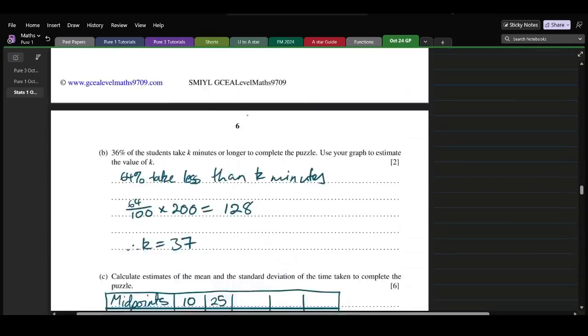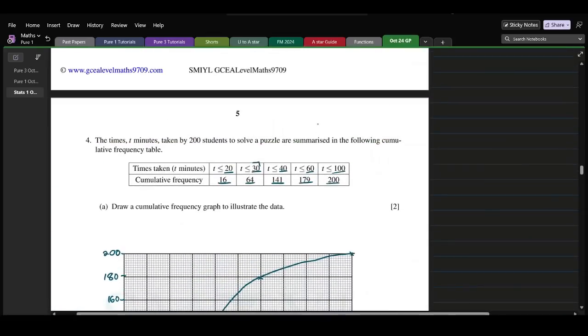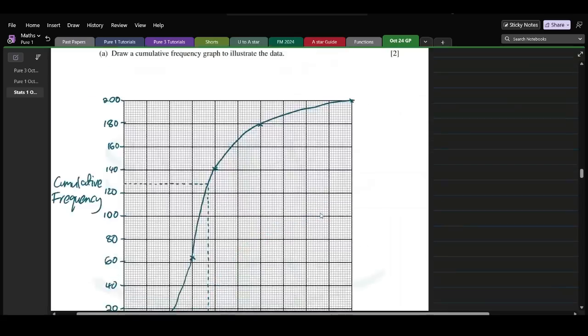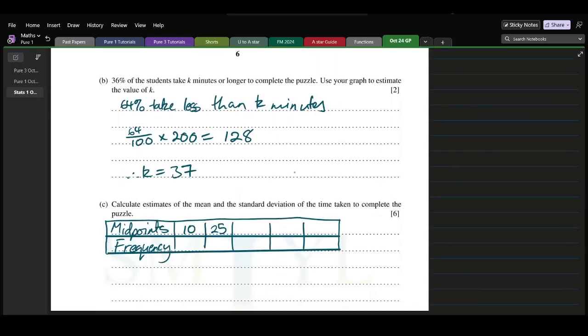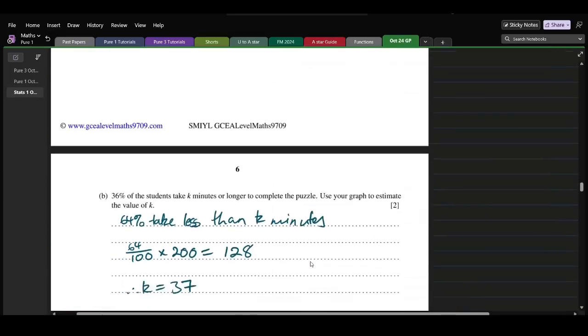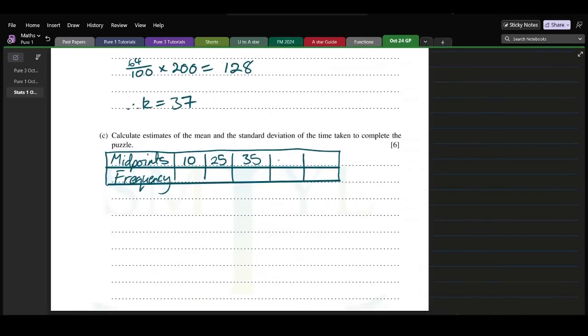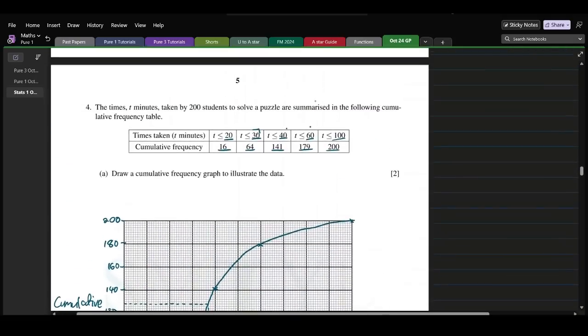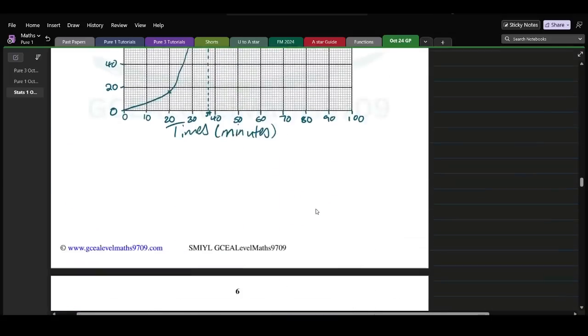The third class is running from 30 up until 40, so its midpoint is 35. The fourth class is running from 40 to 60, so midpoint is 50. And then our final class is running from 60 to 100, so the midpoint is 80.